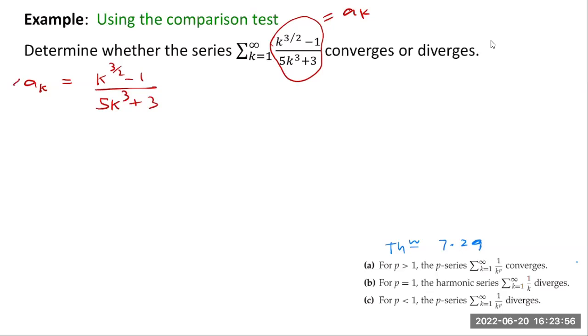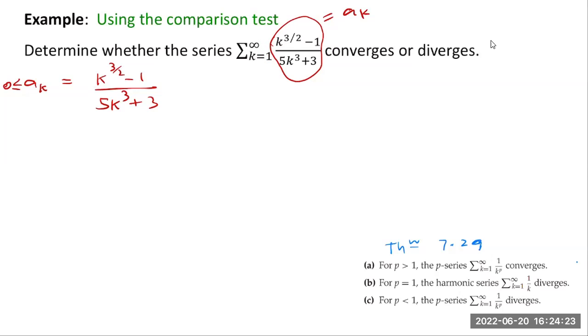Notice that AK is bigger than or equal to 0 for all positive integers k. Here, k goes from 1 to infinity, of course. Keep plugging numbers 1, 2, 3, 4 for k, and you will see that this is always positive, greater than or equal to 0.